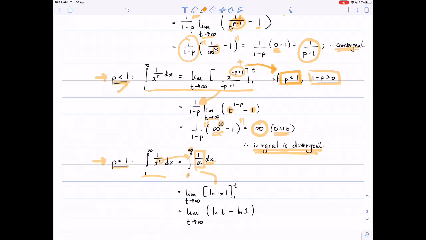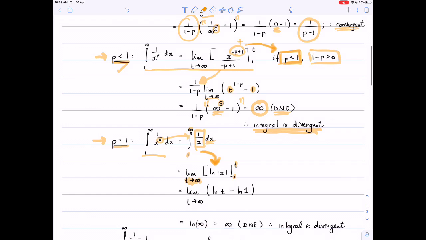The correct antiderivative is the logarithm, the ln of the absolute value of x, as t is going to infinity. We have ln of absolute value of x from 1 to t. Plug this in, and you get ln of t minus ln of 1. ln of 1 is 0.